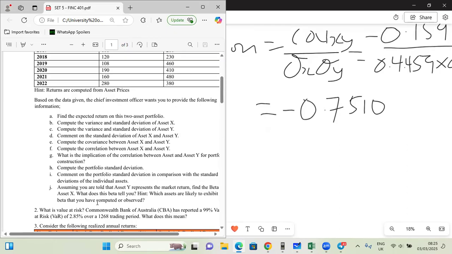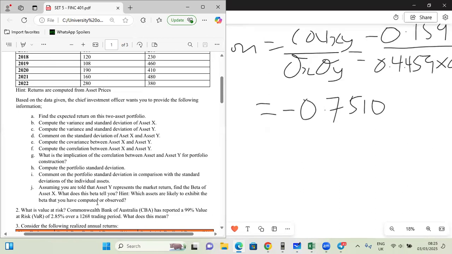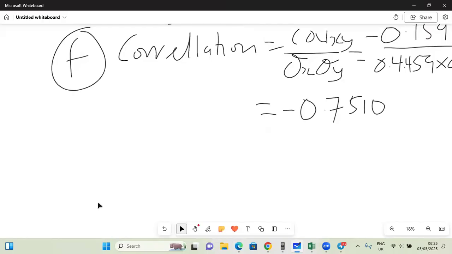Now, what is the implication of the correlation between X and Y for portfolio construction? The correlation here is negative, and negative correlation means that they move in opposite directions.